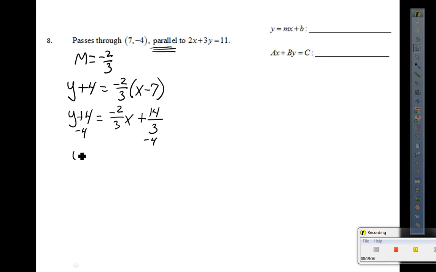So I'm going to have y = -2/3 x plus, and if you type that in your calculator, 14/3 minus 4, it should give you 2/3. So in slope-intercept form, I got y = -2/3 x + 2/3.